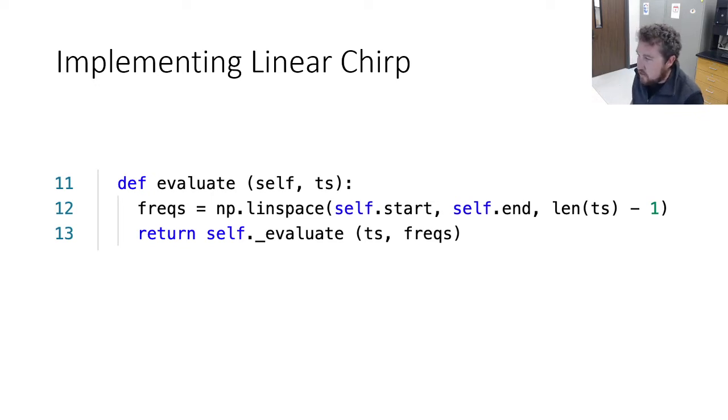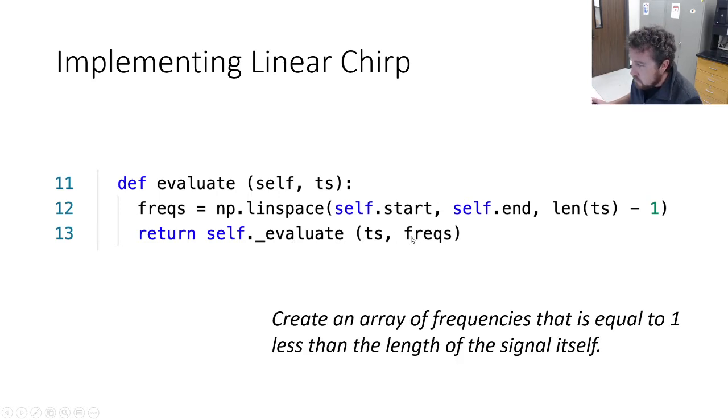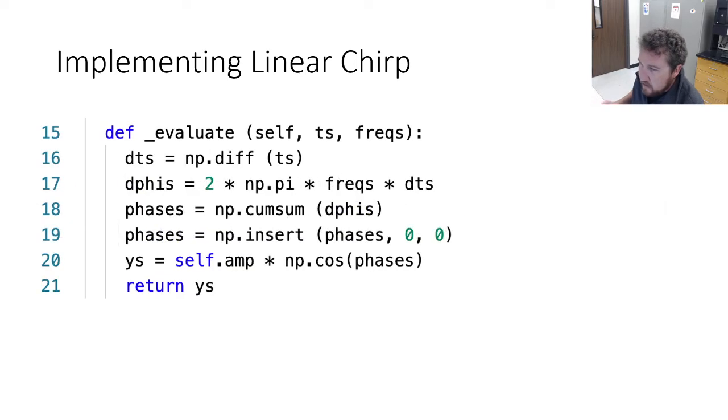So this just lays out all of the frequencies, and then it passes it to a private function, evaluate, that takes TS and frequencies. And then the real magic happens here in this private method evaluate, which takes TS and frequencies.